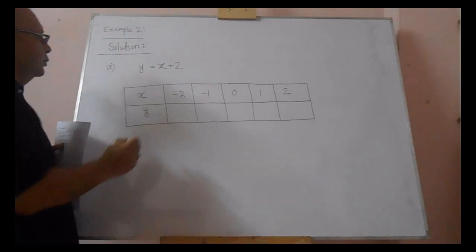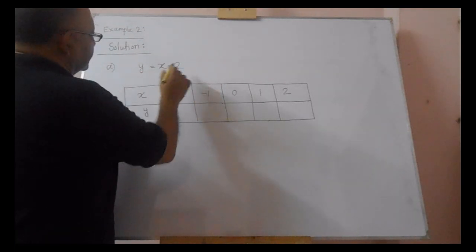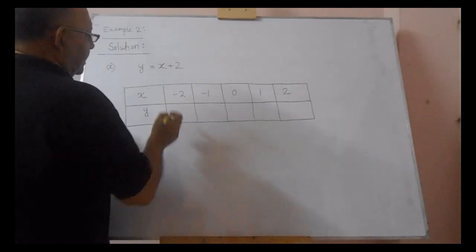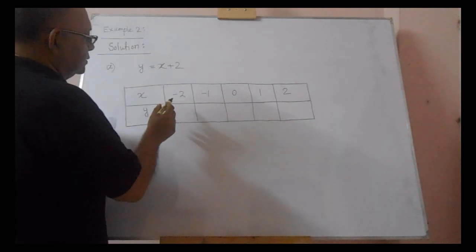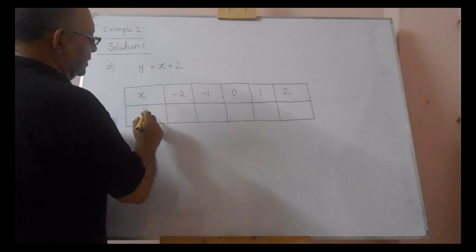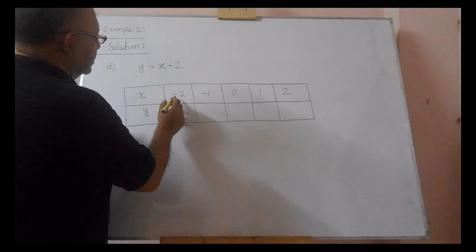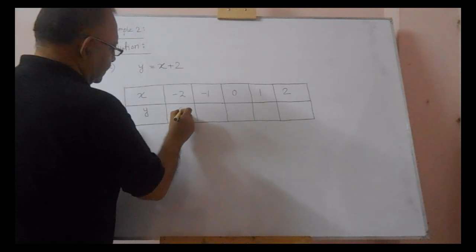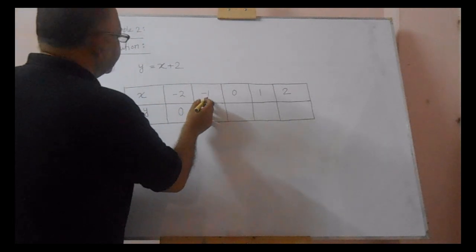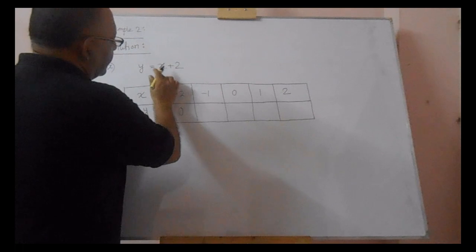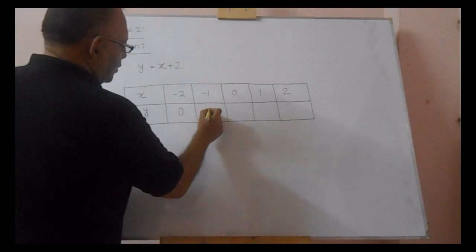For part A, we have y equals x plus 2 and the values of x are given. Now we'll substitute the values of x in this expression and we'll get the values of y. If you substitute -2 here, we get y equals 0. If you substitute -1, we get y equals -1 plus 2 equals 1.